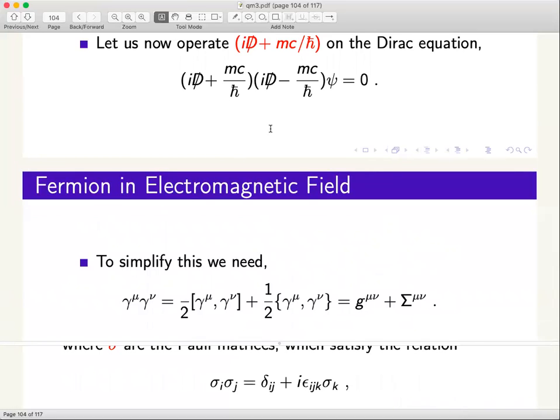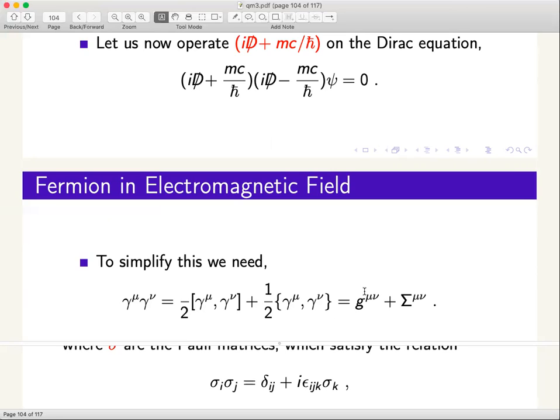When I write gamma mu gamma nu as half the commutator plus half the anti-commutator, the piece which goes with the anti-commutator would have d mu and d nu symmetrized, because the anti-commutator is symmetric in mu and nu. You can use that symmetrized piece and contract it with G mu nu because this anti-commutator gives you G mu nu.